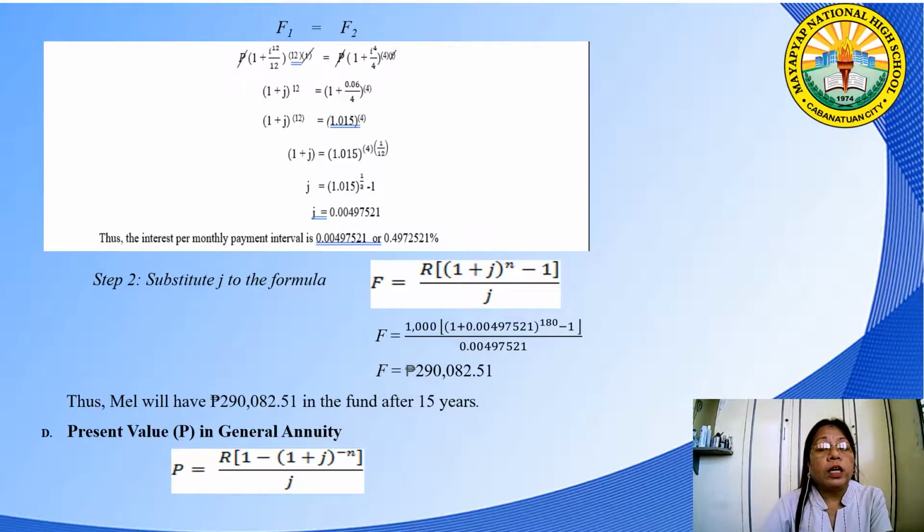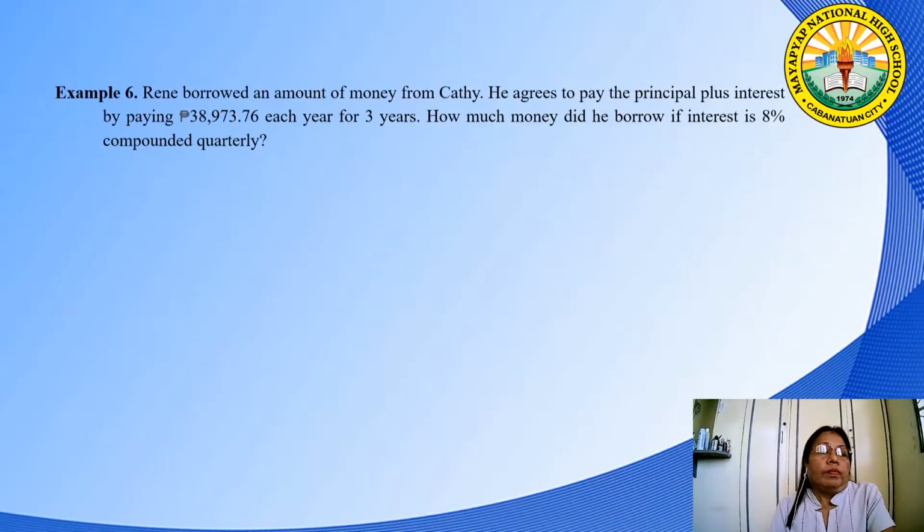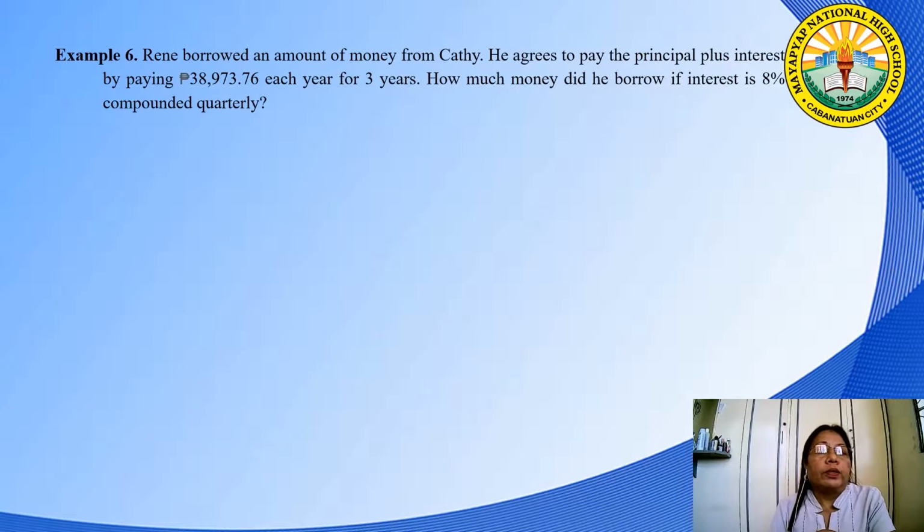Another example, Rene borrowed an amount of money from Cathy. He agrees to pay the principal plus interest by paying 38,973.76 each year for 3 years. How much money did he borrow if interest is 8% compounded quarterly?